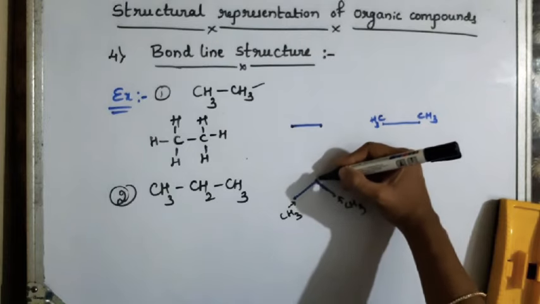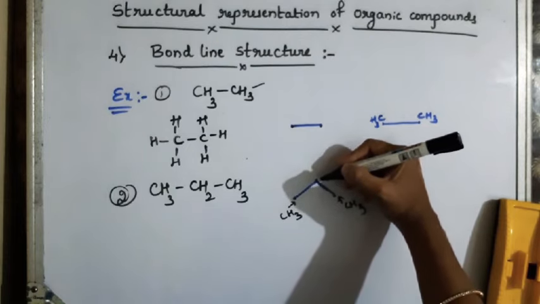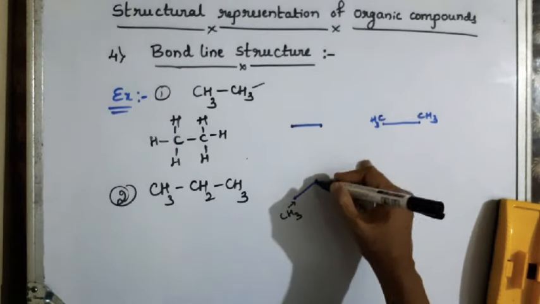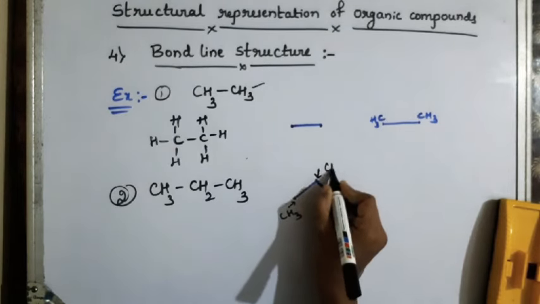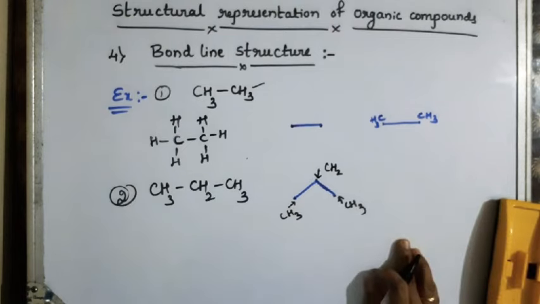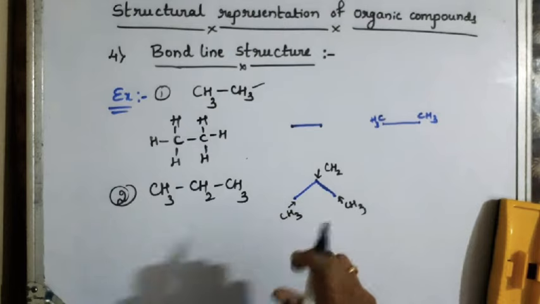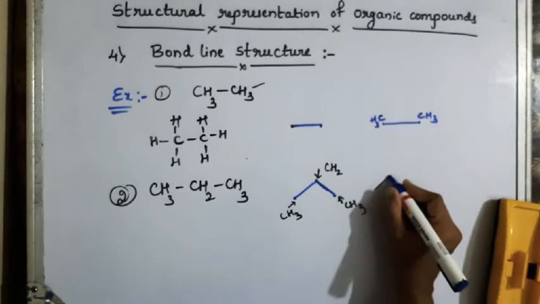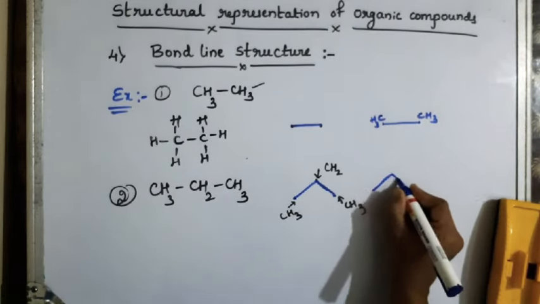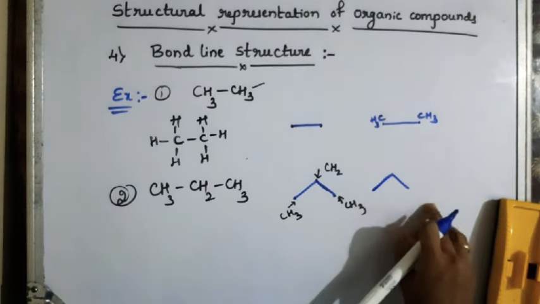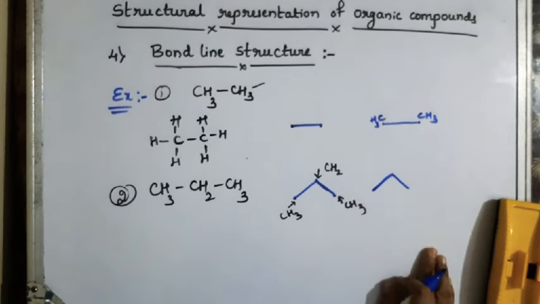So the remaining will be 2 bonds, and those 2 bonds are with hydrogen. That means there is a CH2 group at the center, at the line intersection. So this is the bond line representation for propane.